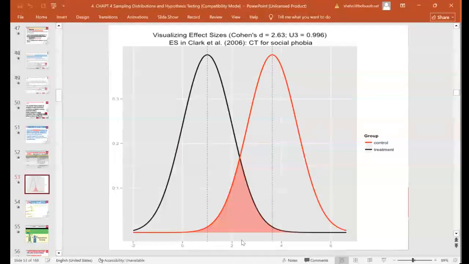You can see two different means, but if it's one, you only see one mean. The larger the difference between the two means, the larger the effect size, which is good. That means the more statistical power you have to reject the null. That's the meaning of it.